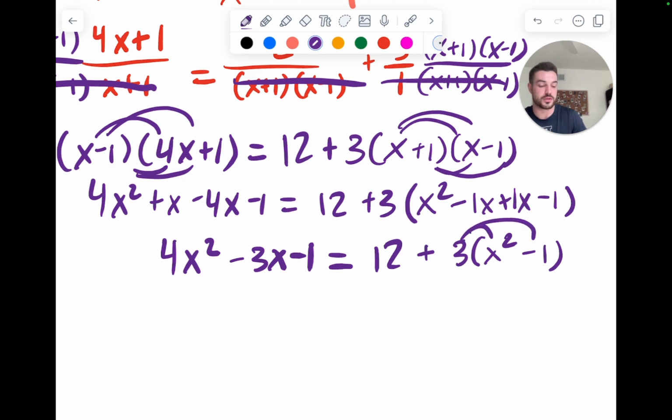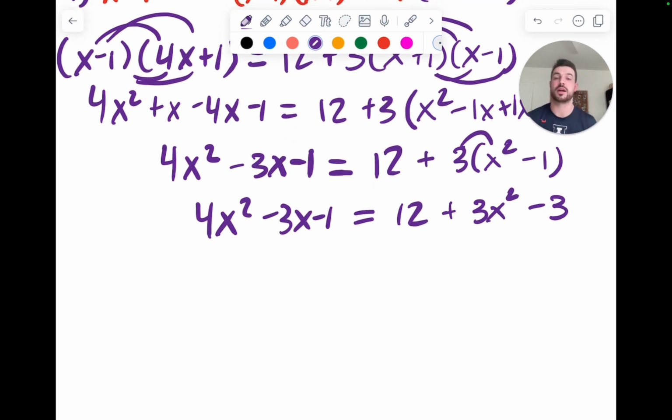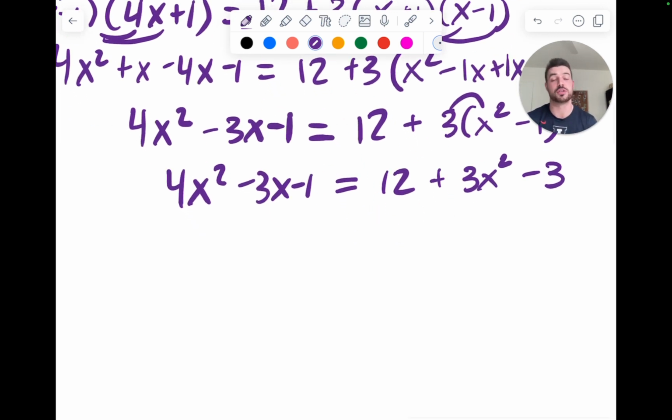So I can distribute this value in, and I get 3x squared minus 3. And now I can see I've got a quadratic equation here, so I'm going to get all of my values on the same side.